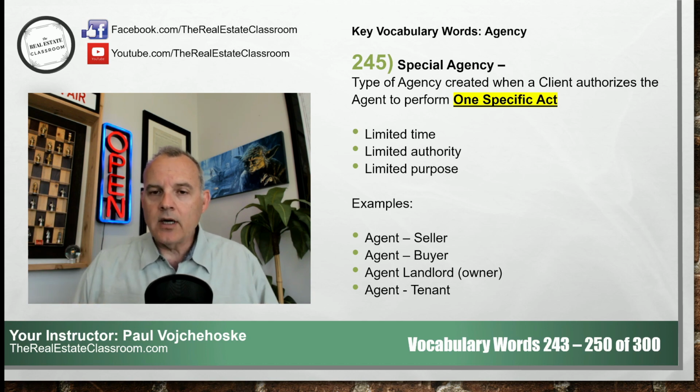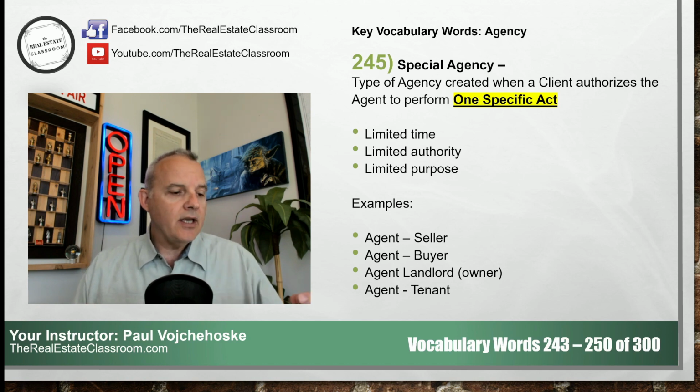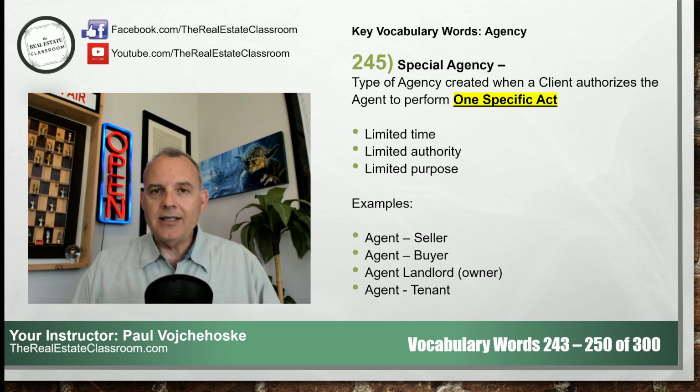Special agency is where the client is authorizing the agent to do one specific thing or one specific act, to sell their house, or in the case of a buyer, to find a house for that buyer. In the case of a tenant, find that tenant a place to rent. In the case of an owner, to manage the property or to find a tenant for the property that they have for lease. It ends right there with that one specific act.